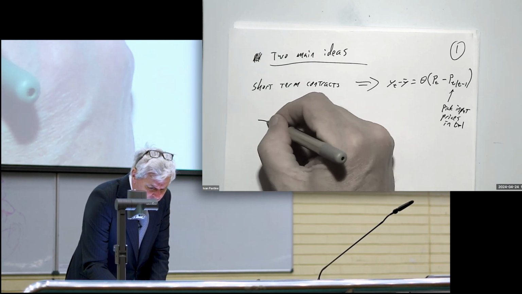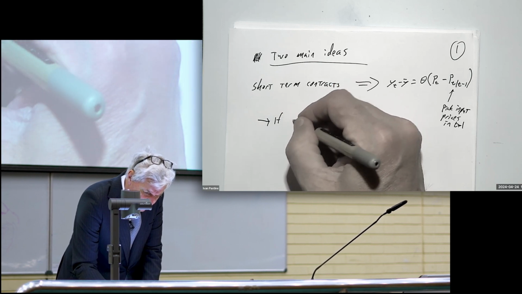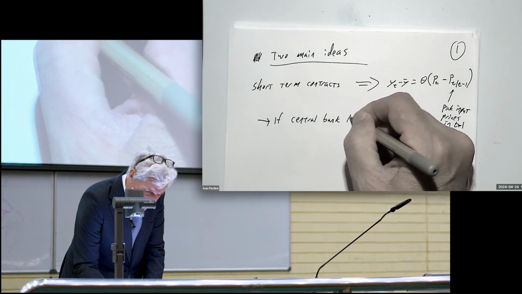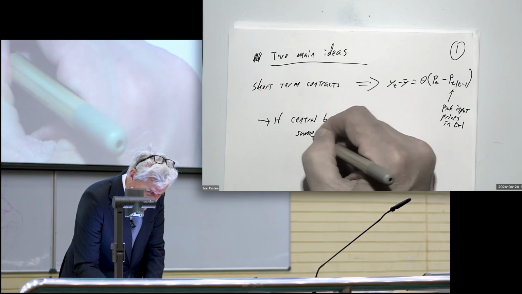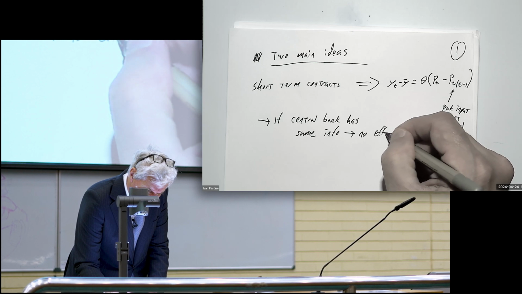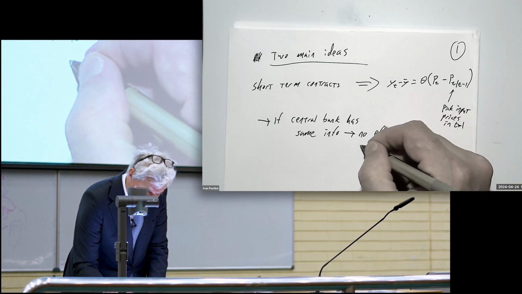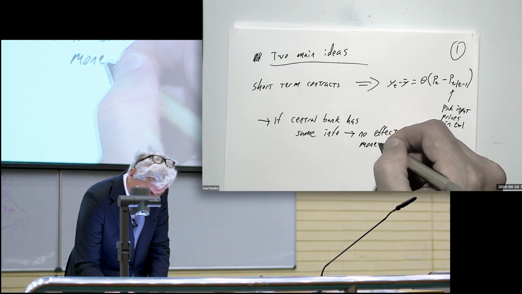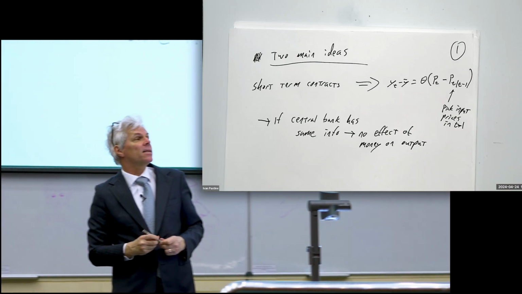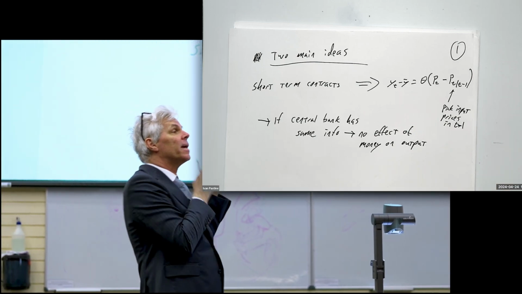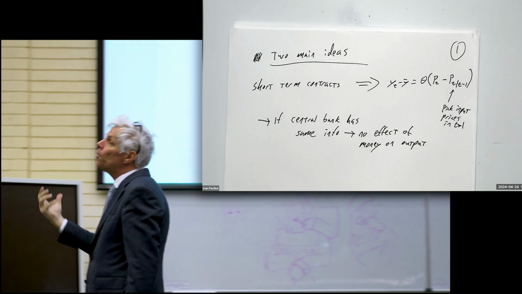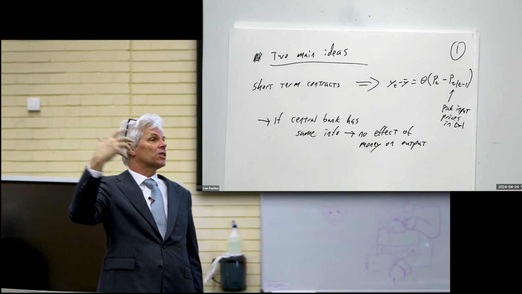For that type of thing, if the central bank has the same information that people had when they were making their decision, when they were locking themselves into these contracts, then those people can perfectly anticipate what the central bank is going to do, right?